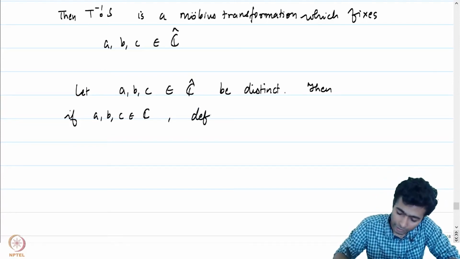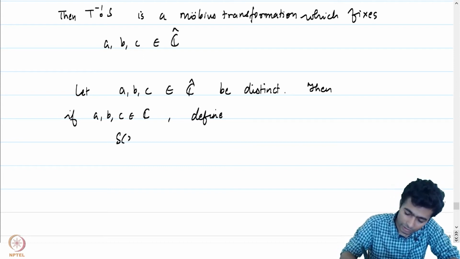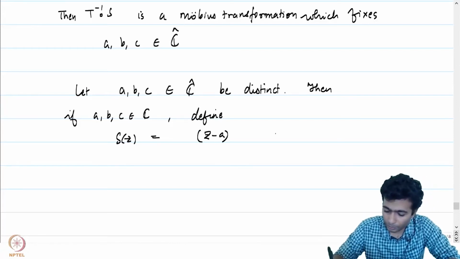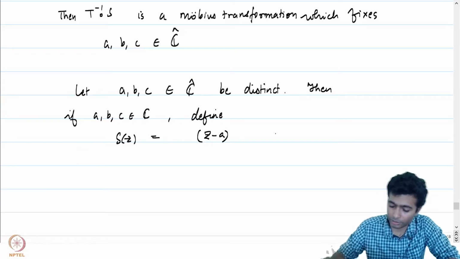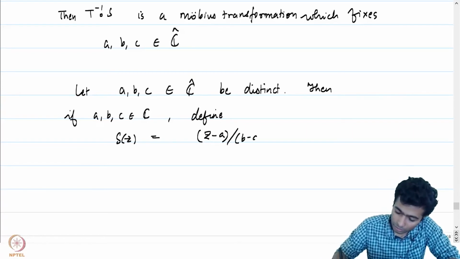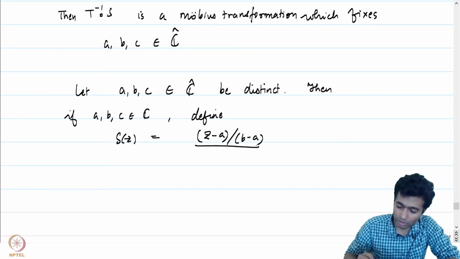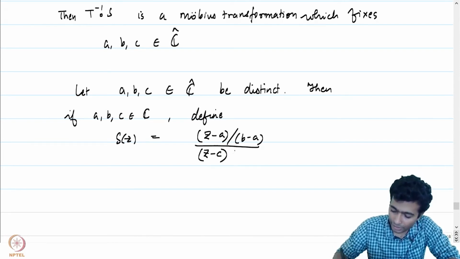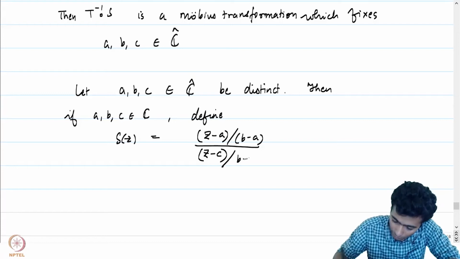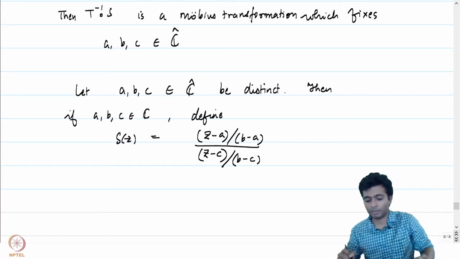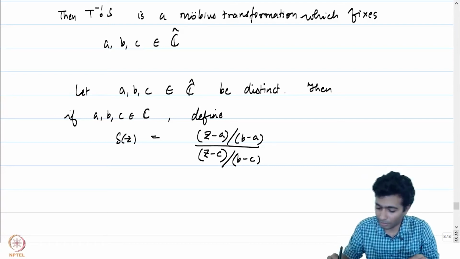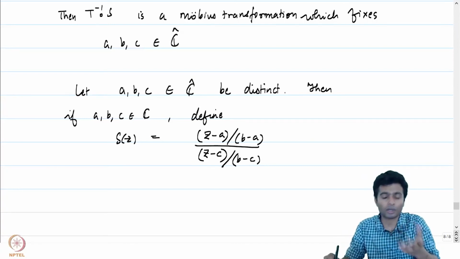Let's define S of Z to be equal to (Z minus A), which will send the point A to 0. Now this is going to send the point B to 1, and this is going to send the point C to infinity, while maintaining the fact that B is sent to 1. So if you define S of Z to be this, notice that B minus A and B minus C are complex numbers.